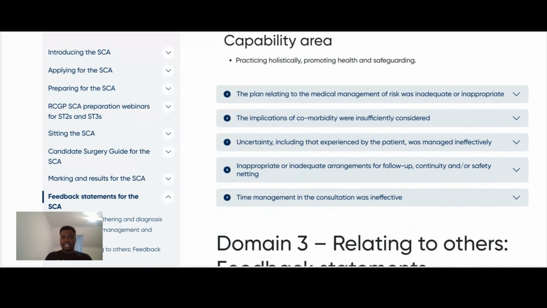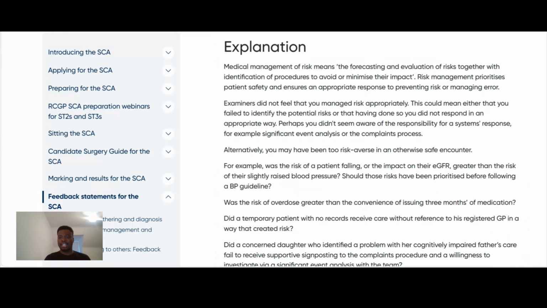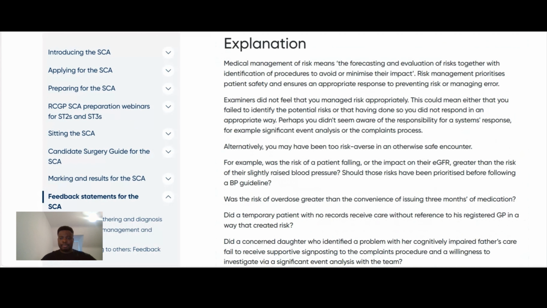So the next one is that the plan relating to the management of risk was inadequate. A GP is a professional risk taker. All we do in primary care is to take and mitigate against risk on a daily basis.